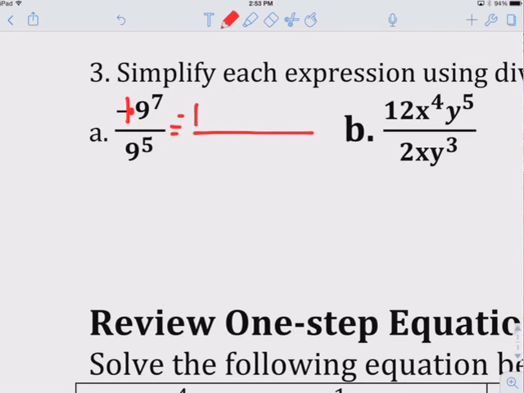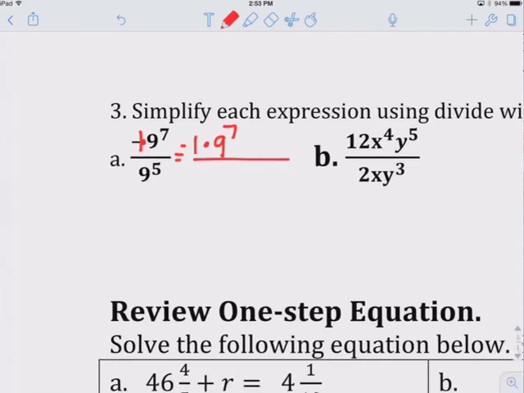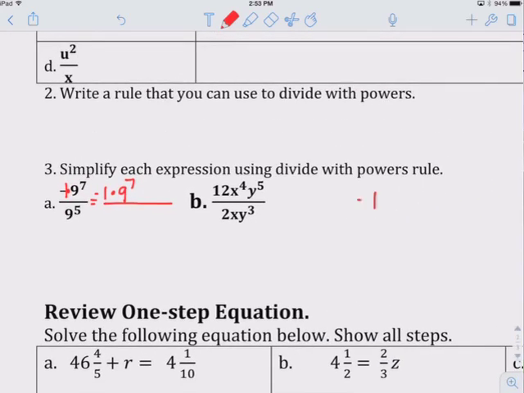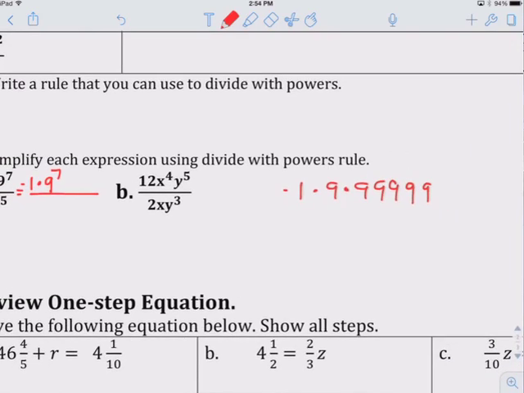No. So it's basically negative 1 times 9 to the 7th. And are we going to add or subtract when we're crossing them out? You're going to subtract, because this really means negative 1 times 9. Subtract the exponents: 7 minus 5.